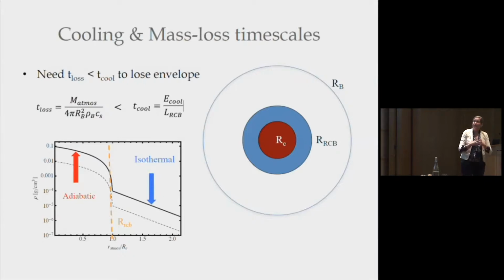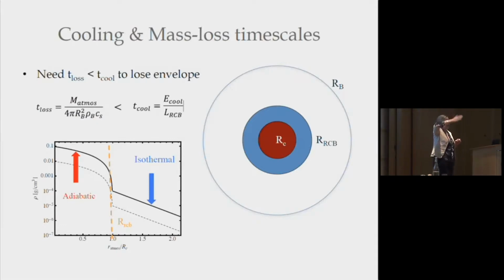So basically, when your mass loss timescale becomes long compared to your cooling timescale, then your envelope can cool and contract, and you can shut off any subsequent mass loss. And the reason for this is, again, because of this isothermal structure on the outside.